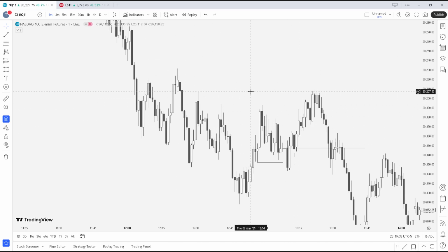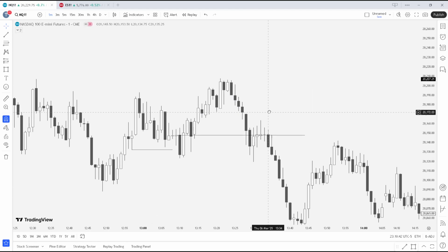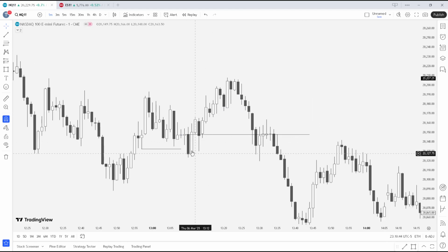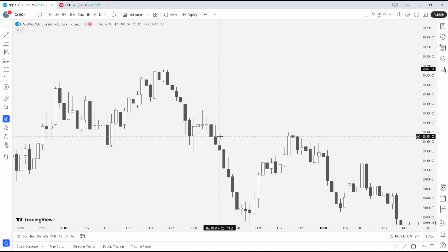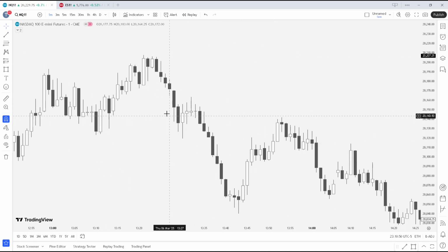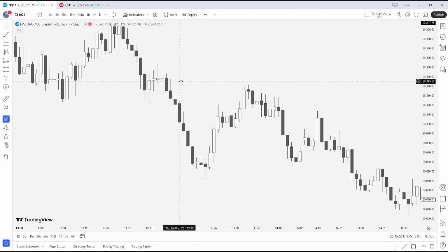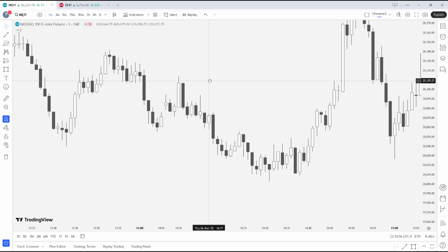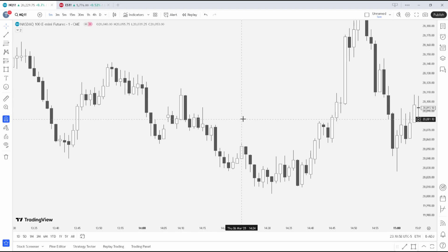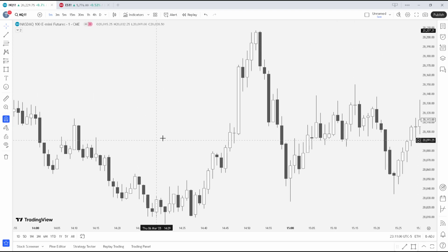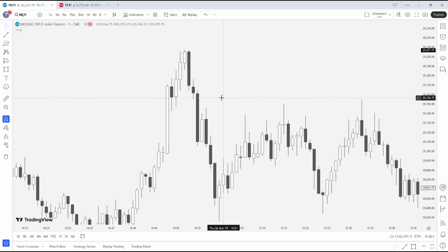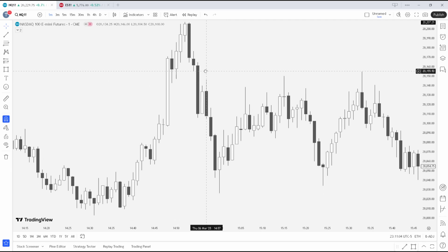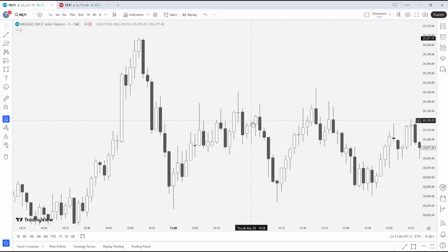We already swept this liquidity. We're delivering from this fair value gap, so everything's pointing bearish. So that's probably why this mitigation didn't work. But just in general, I don't really like to use mitigation blocks just because I find them to be pretty low probability. So this would be a breaker.